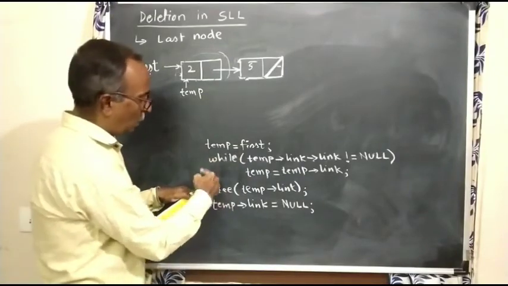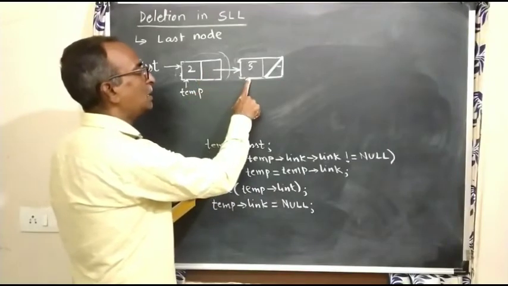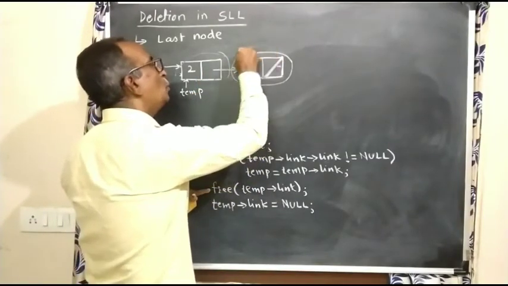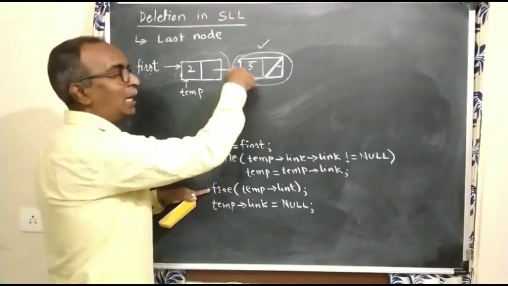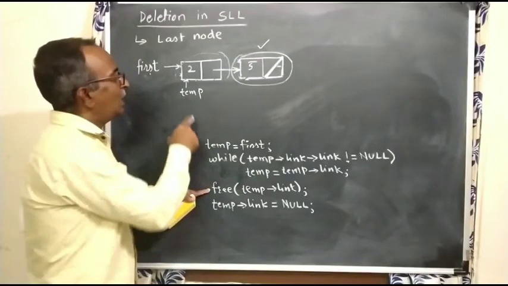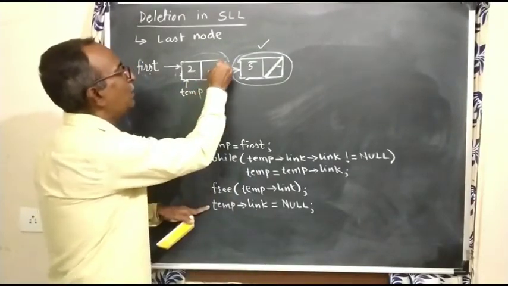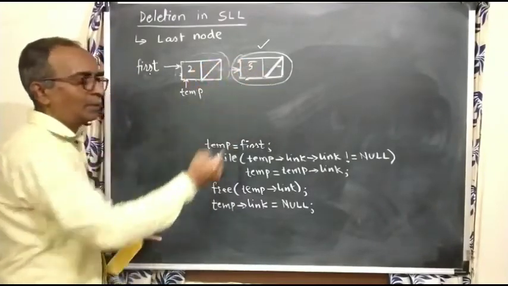So, control comes out, free temp's link. Temp's link is this node's address. This node will be sent to the free pool. Then it can be reused later. Then temp is pointing here, temp's link is given a null value, means there is no node after this.